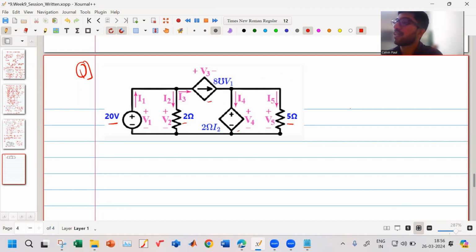First we need to solve the circuit, right? So how will you solve the circuit?